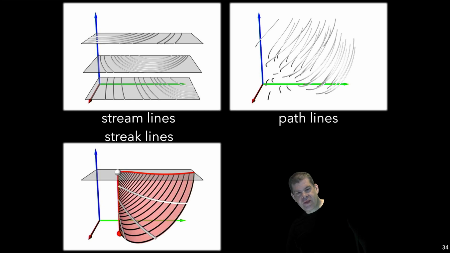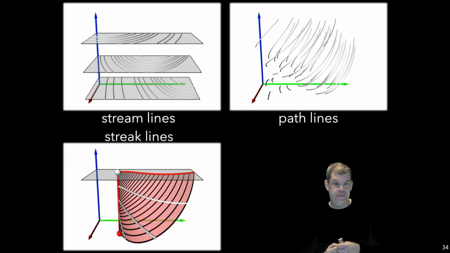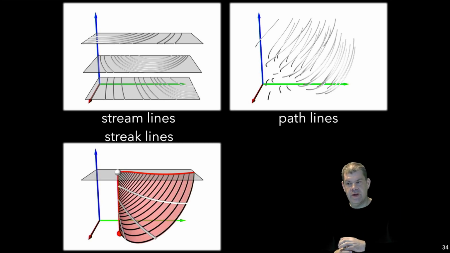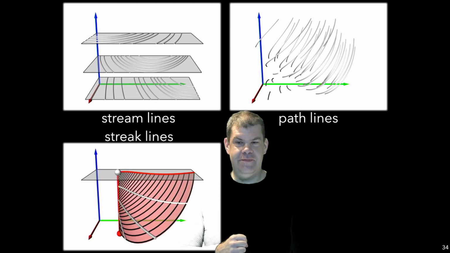Any idea? Now again, think about this. So we constantly release particles into the flow, okay, and look at their combined trajectory, right? So connect their positions. So what stuff here in this image, which one's the streak line?